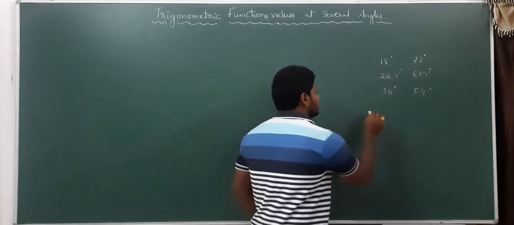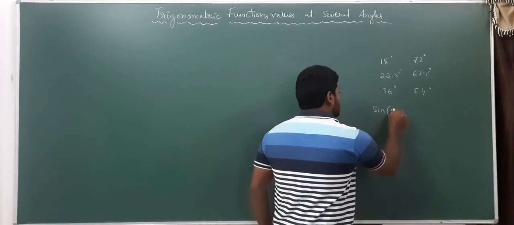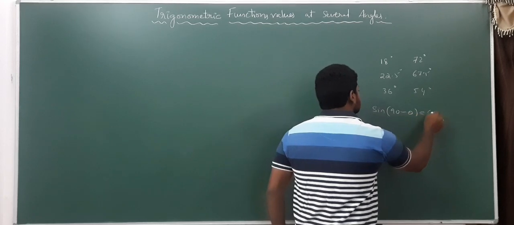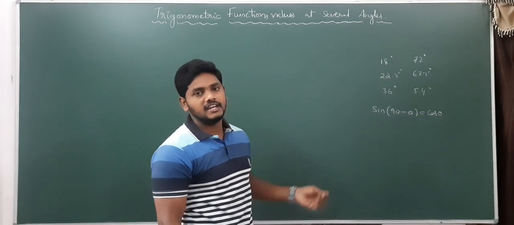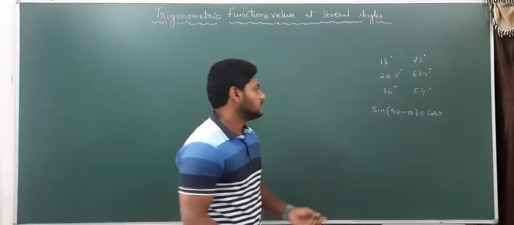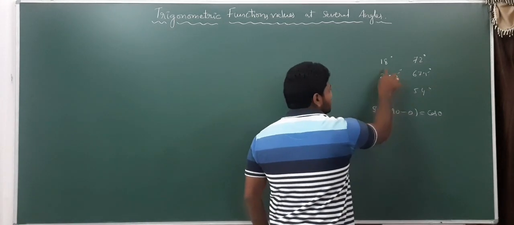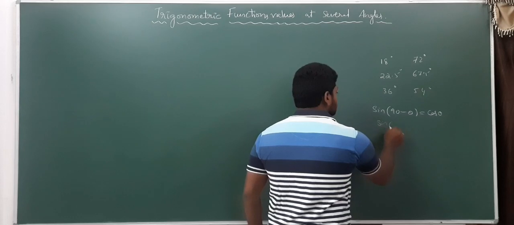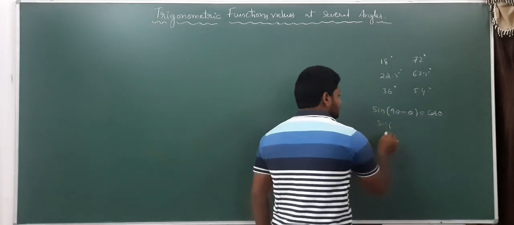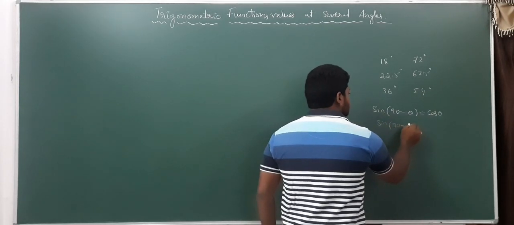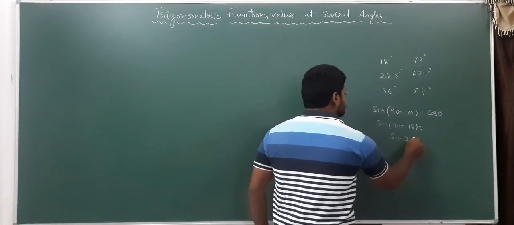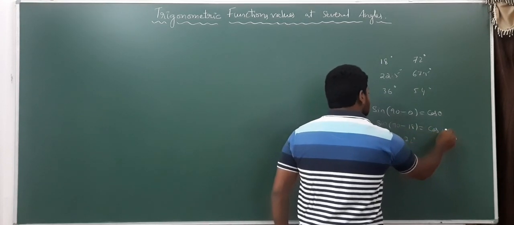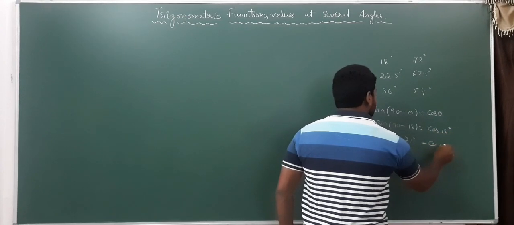See, for example, we know that sine of 90 minus theta is equal to cos theta. Again, tan of 90 minus theta is cot theta, like that. If theta is 18 degrees, 90 minus 18 is sine 72 degrees, which is equal to cos 18 degrees.